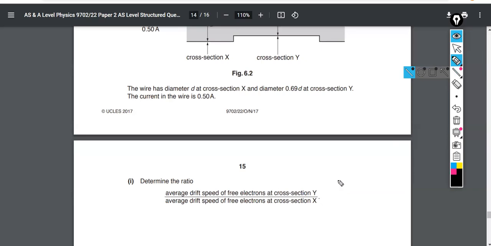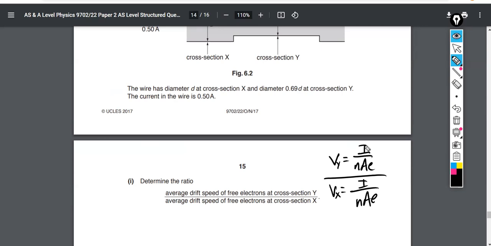So using the equation that we just derived, we've got the mean drift velocity, which would be equal to I over nAe. And we're going to set up a ratio where we're comparing the drift velocity at Y to the drift velocity at X. And so that's still equal to I over nAe. And so the ratio of these equations is going to be equal to the ratio that we're interested in over here.